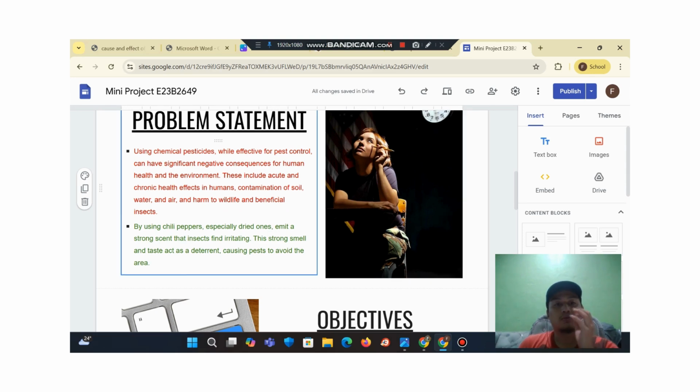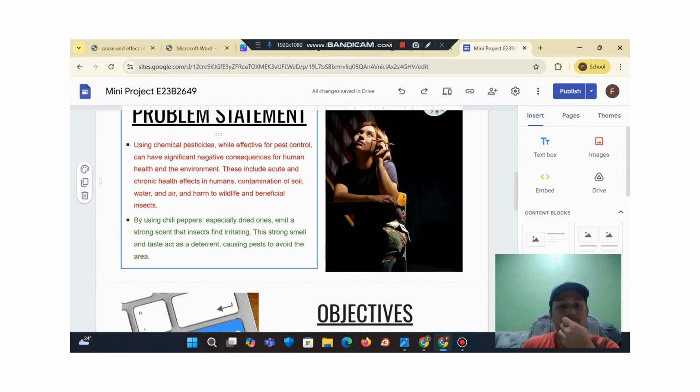Thus, the concept of this experiment, using chili pepper extract, is organic, a bioorganic matter in deterring pests and insects.